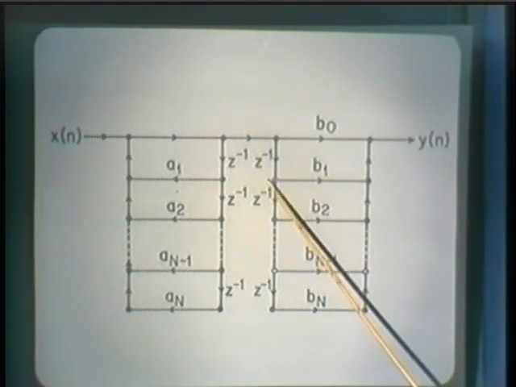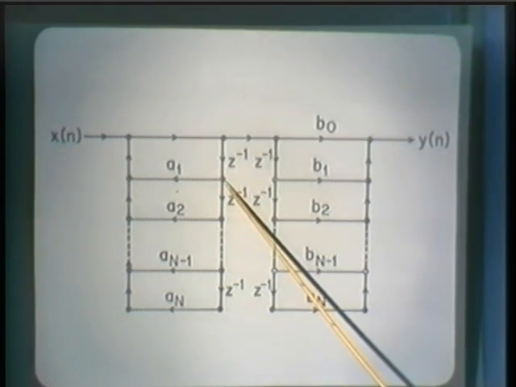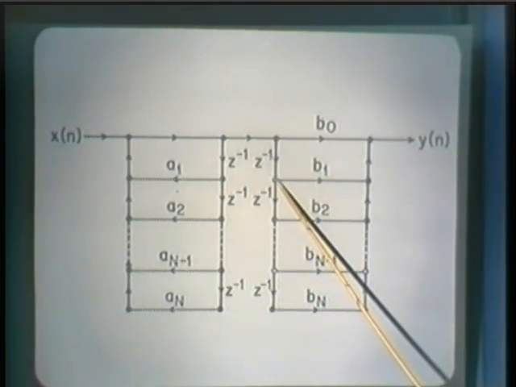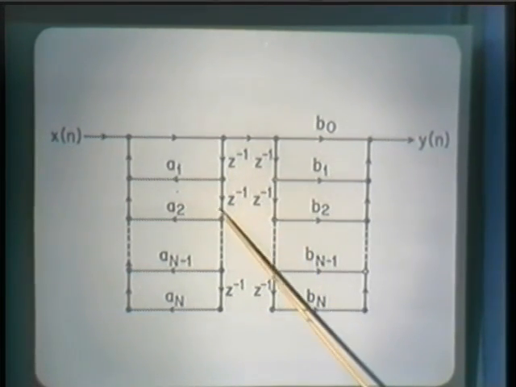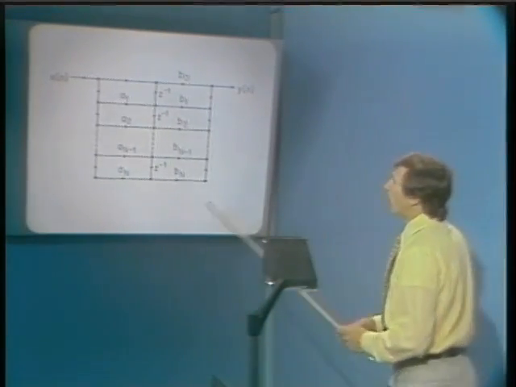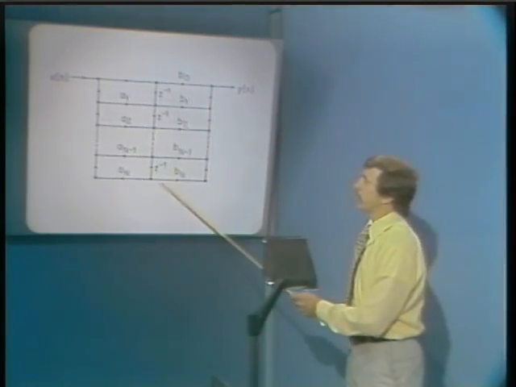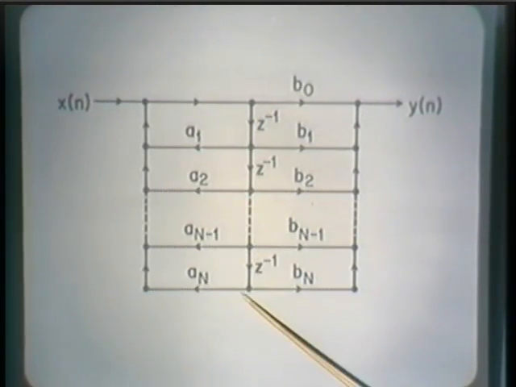Well, if that's the case, then in fact, if we think about an implementation, there is no reason to separately store this delayed output and this delayed output since they're the same. In other words, we can collapse these delays together, and the network that results when we do that is the network that I indicate here, where all that I've done in going from the previous network to this one is simply collapse the delays together, taking advantage of the fact that their outputs were identical.